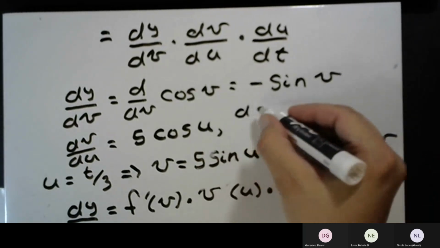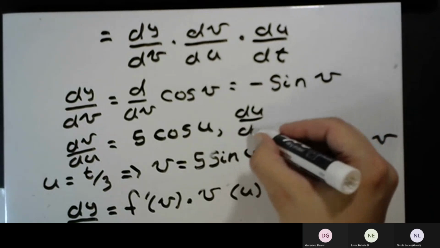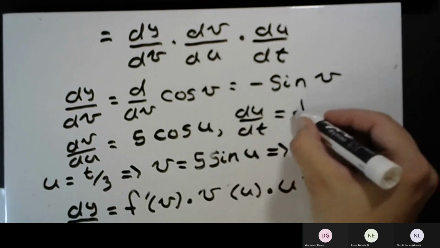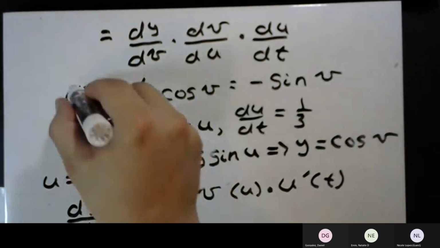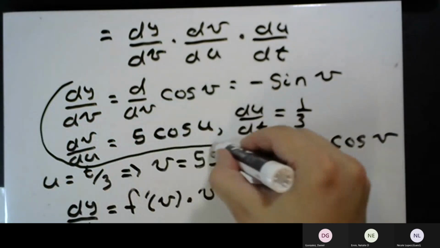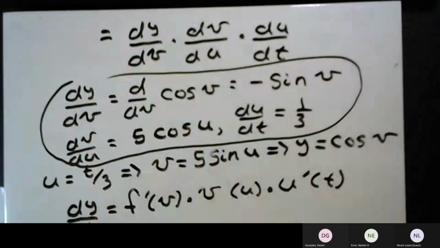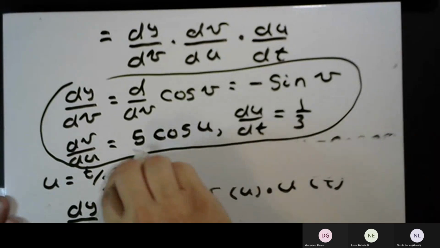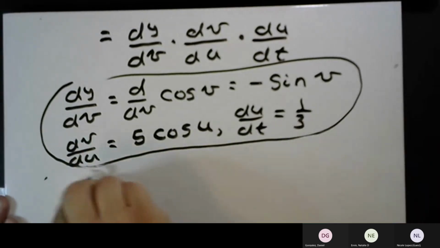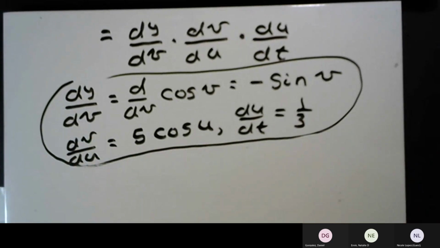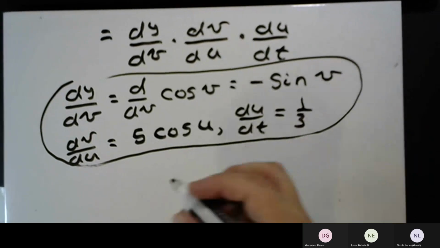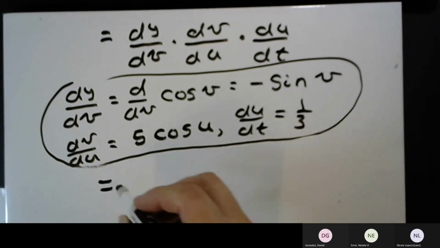And then, just running out of space here, du dt is going to be just 1/3. So questions about that? Because now we just multiply it together.